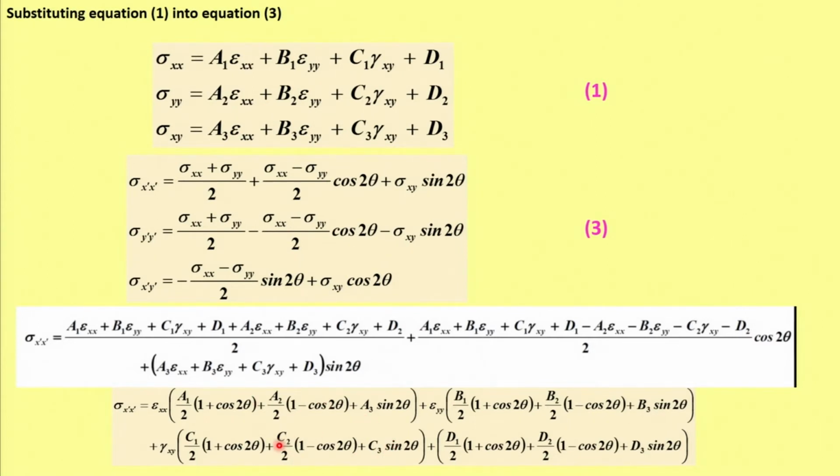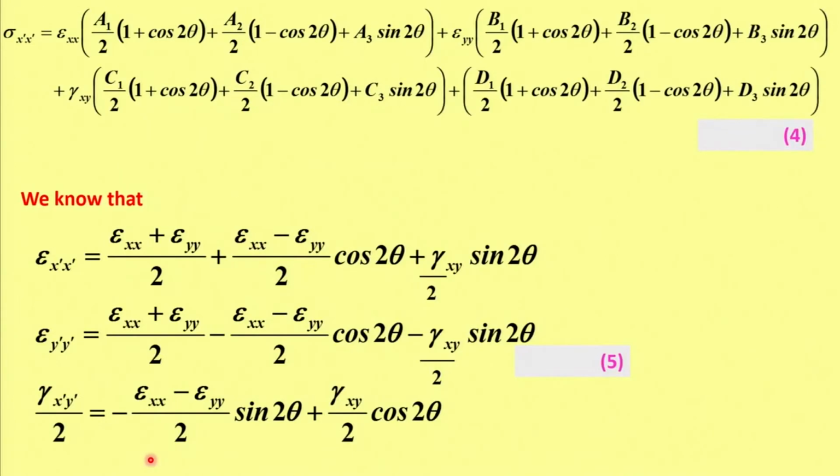All these three look similar, but this will be different: d1 by 2 into 1 plus cos 2 theta, d2 by 2 into 1 minus cos 2 theta, and d3 sin 2 theta. So this is what I call equation 4.